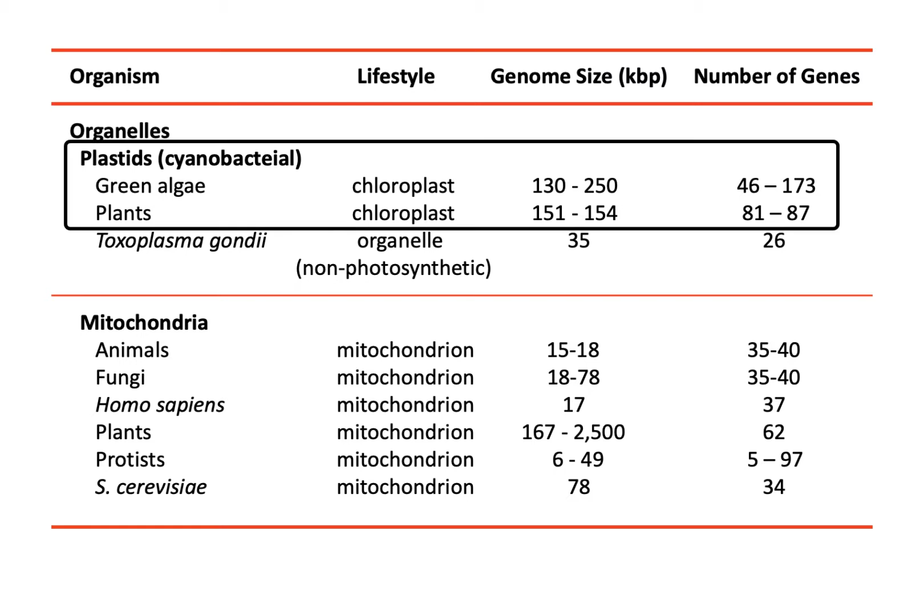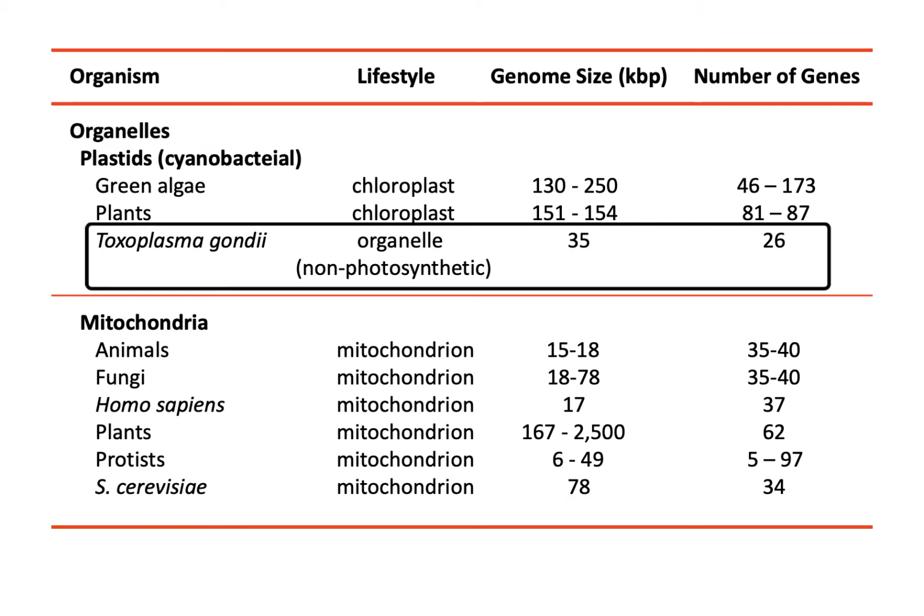So for chloroplasts in green algae and plants, they've lost quite a bit of their DNA. They only have from about 130 to 250,000 base pairs in their genomes, and from about 40 to almost 200 genes. Toxoplasma gondii is an alveolate, that is a protist, that has an organelle derived from a red alga.